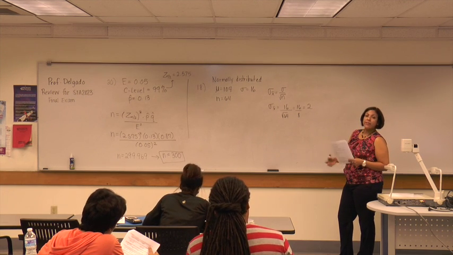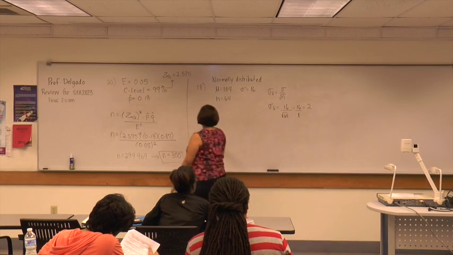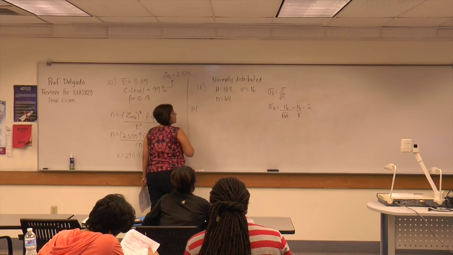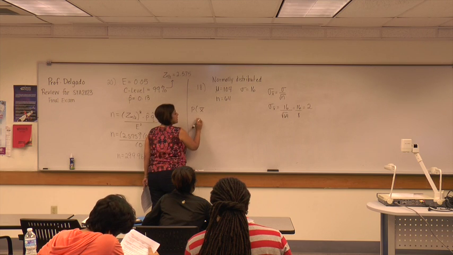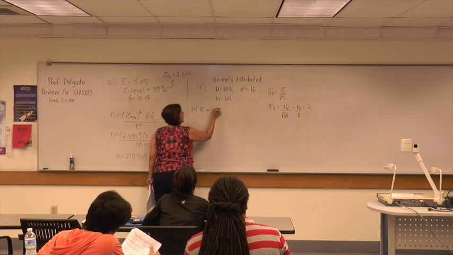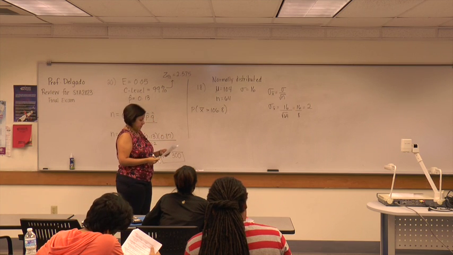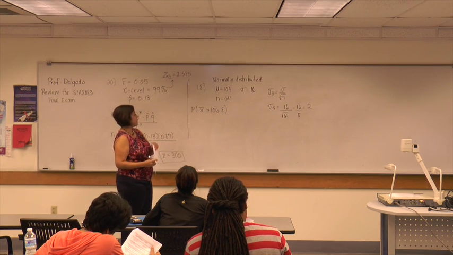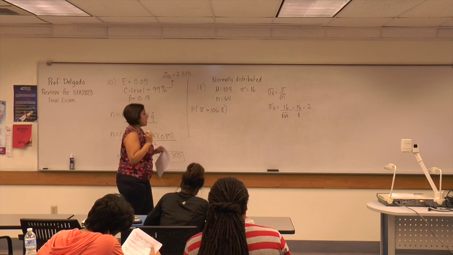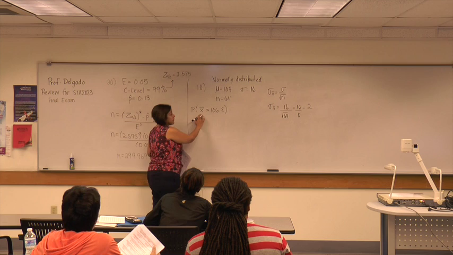Now, we have to calculate the z-score. The problem is asking, what's the probability that the mean snowfall for those 64 years is greater than 106.8? We need to standardize this. We need to convert it to a z-score.